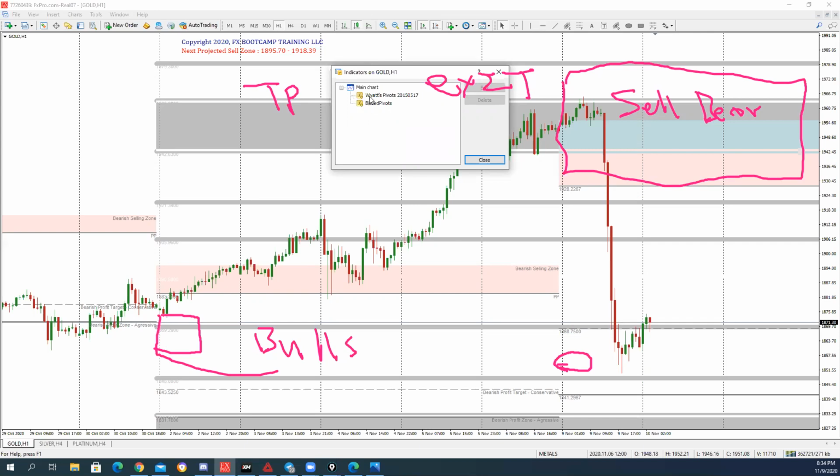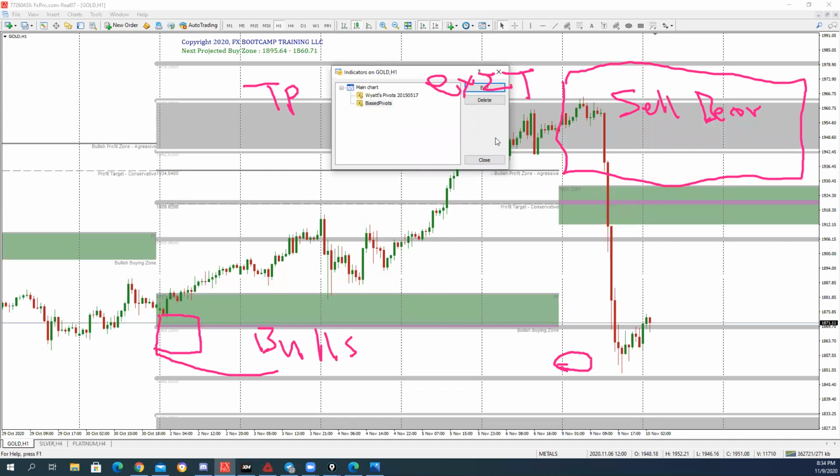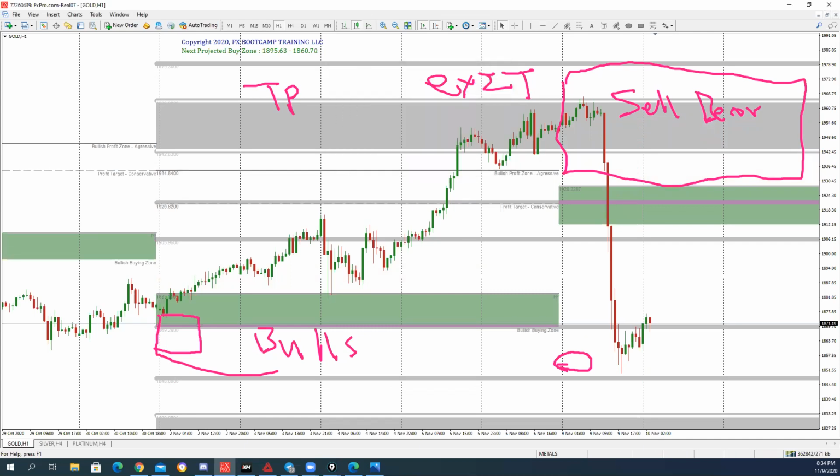All right, so let's adjust this real quick and change it from bear mode to bullish mode. Oh, wait, let me clean it back up. Let me use a different color now. Blue. There, see?